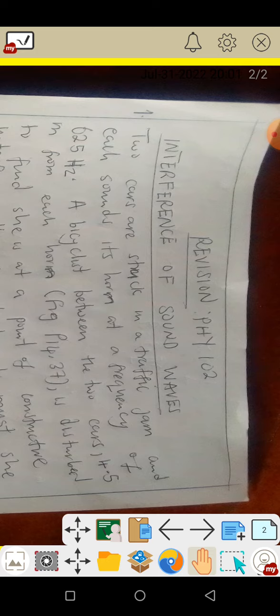Two cars are stuck in a traffic jam and each sounds its horn at a frequency of 625 Hz.